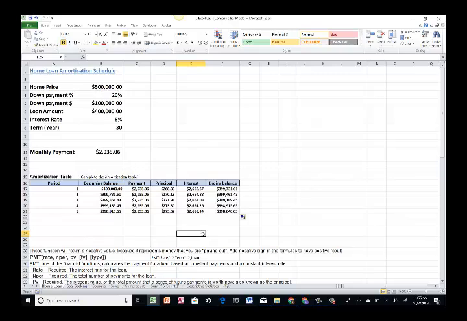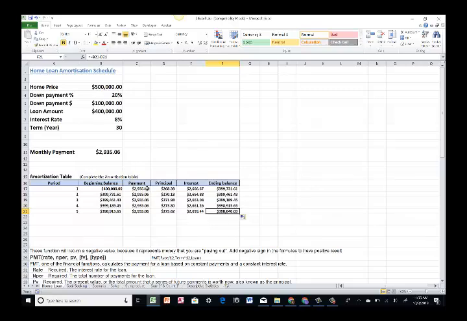And the ending balance of the last month should be 0. So after you make all the payments over all the 30 years, your ending balance should be 0. That's a good checkpoint for you to know if your amortization table is put together correctly and is working correctly.